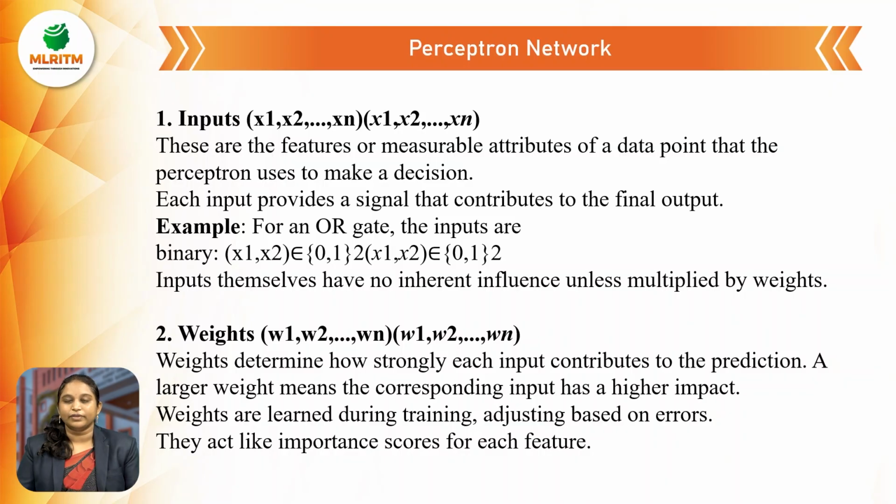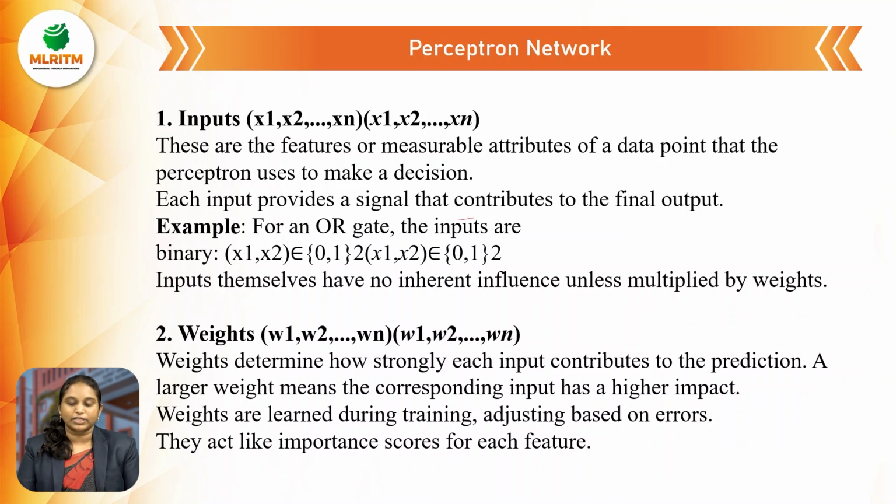Firstly we have the inputs, nothing but x1, x2 and so on up to xn. The inputs are the fundamental features, or we can say the measurable patterns or attributes of the data points that the perceptron uses to make the decision. Each input provides signals that contribute to the final output.